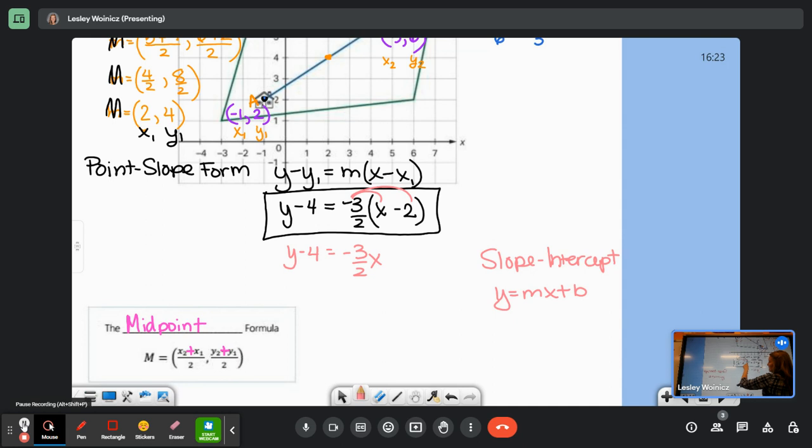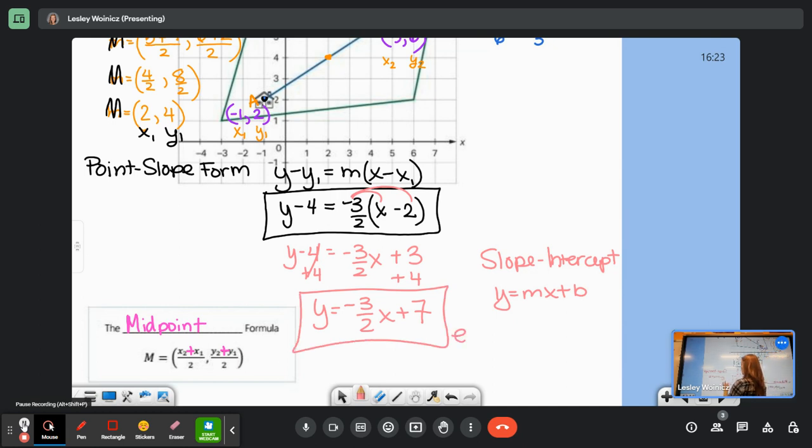Negative 3 divided by 2 times negative 2 is positive 3. Ask your calculator if you don't believe me. Add 4 to both sides, and I get y equals negative 3 halves x plus 7. This is the equation for my fence.